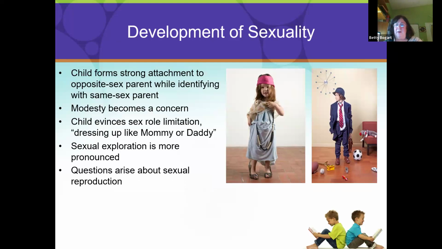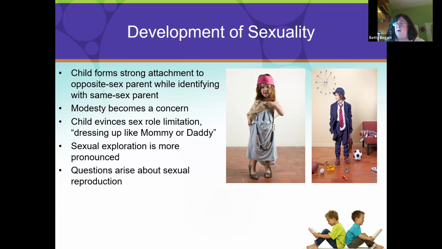Girls like daddies, and boys like mommies. That's just what they like. It tends to be that way. They become more modest now. If they're taking a bath, they might say, no, get out. Or if they're going to the bathroom, they close the door. No, I'm having some private time. Christian says, I'm having private time.